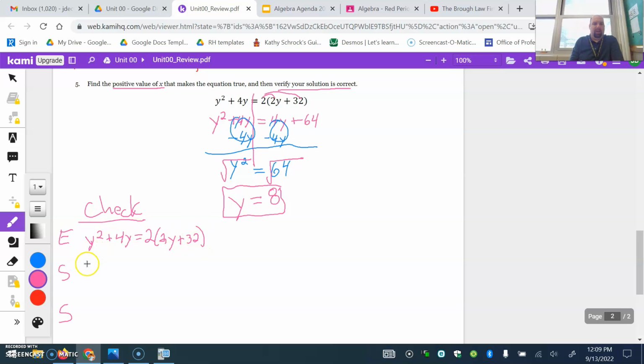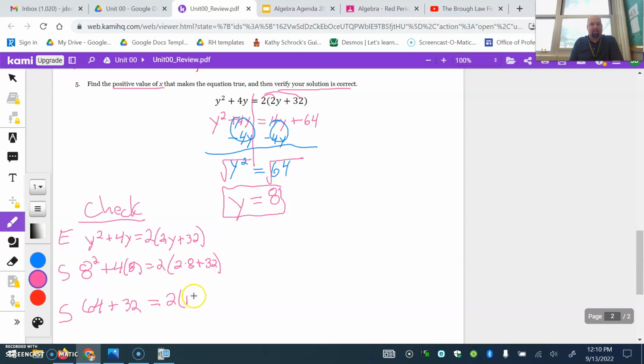Now I substitute my value for y in. 8 squared plus 4 times 8 equals 2 times 8 plus 32. Now solve it. 64 plus 32.